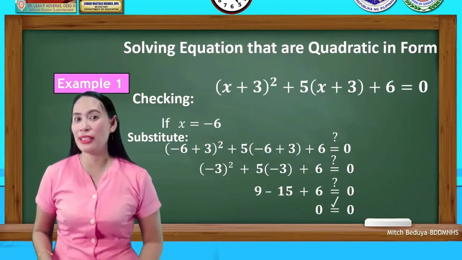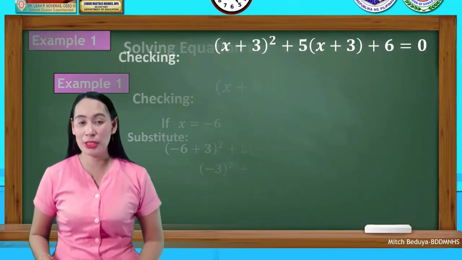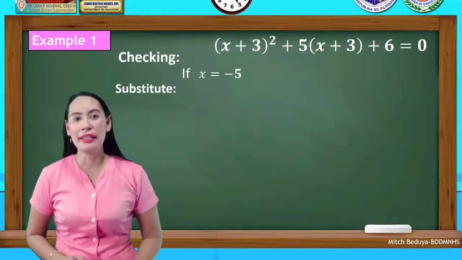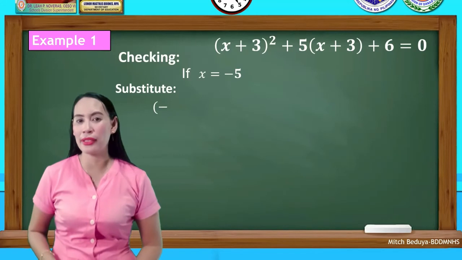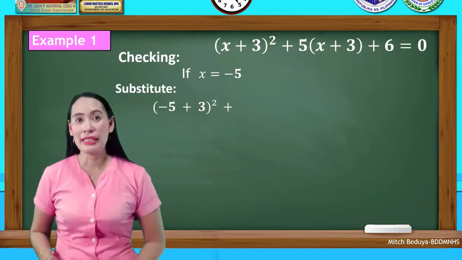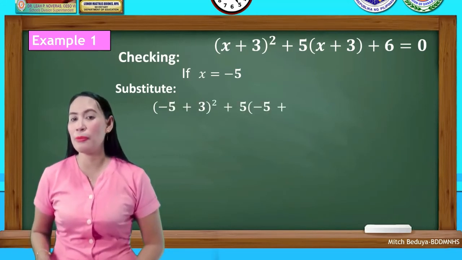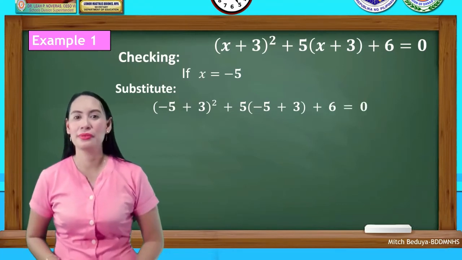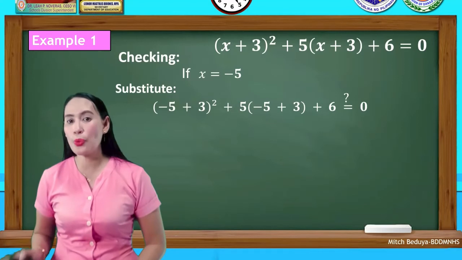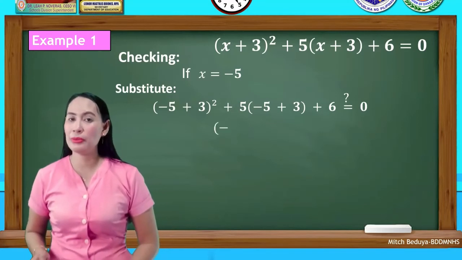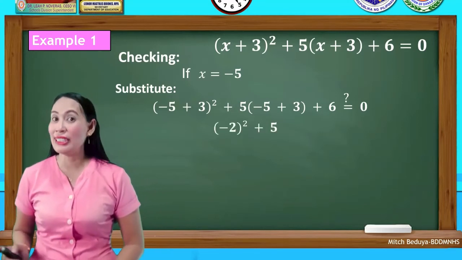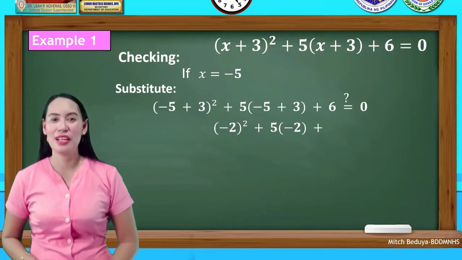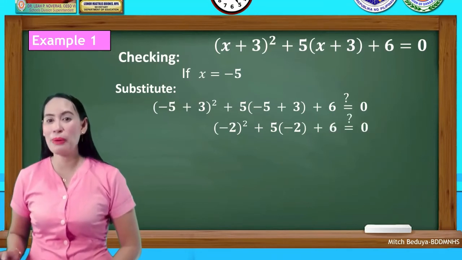If x is equal to negative 5, by substitution, we have negative 5 plus 3 squared plus 5 times the quantity of negative 5 plus 3 plus 6. Is it equal to 0? So negative 2 squared plus 5 times negative 2 plus 6. Is it equal to 0? 4 minus 10 plus 6.